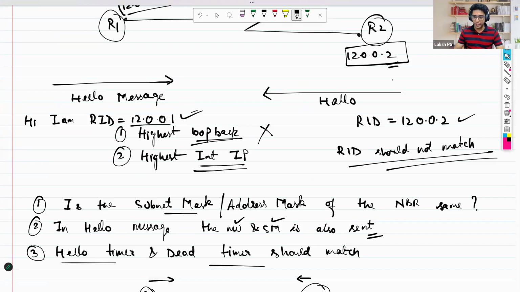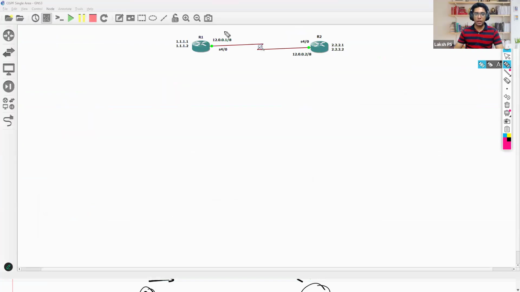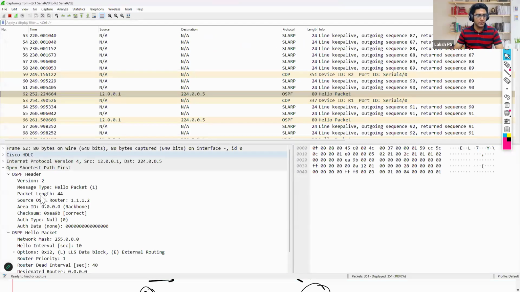On R1, we have two loopback interfaces, 1.1.1.1 and 1.1.1.2. Obviously, 1.1.1.2 is the higher loopback interface, and hence this is chosen as the router ID. So you can see, source OSPF router ID 1.1.1.2.